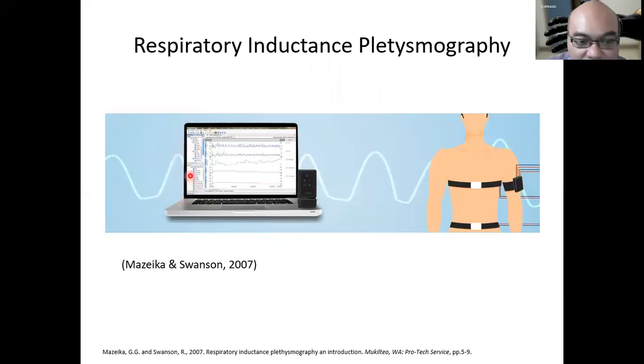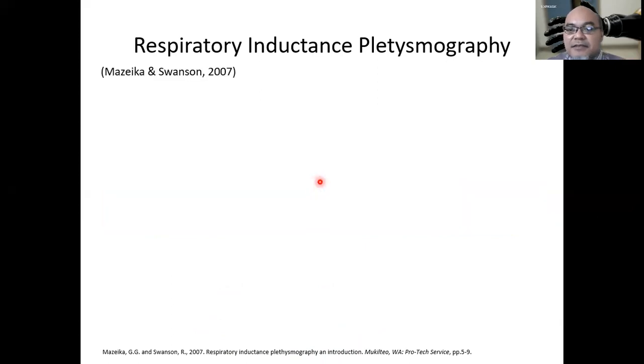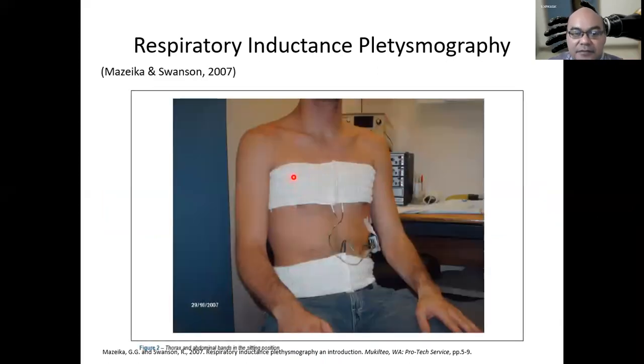This is the illustration from the paper by Mazeika and Swanson in 2007, published in the journal Respiratory Inductance Plethysmography. With this, you can capture the respiratory signal, which you have learned in the earlier chapters this semester. This is how it would look.